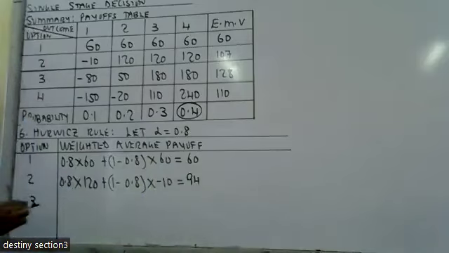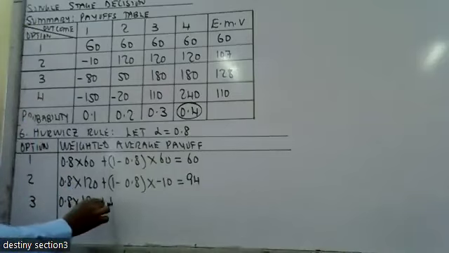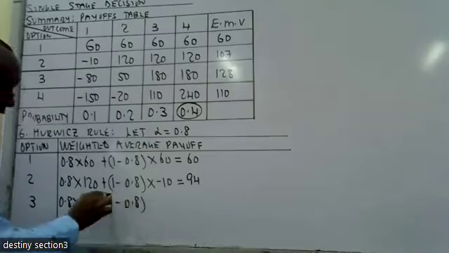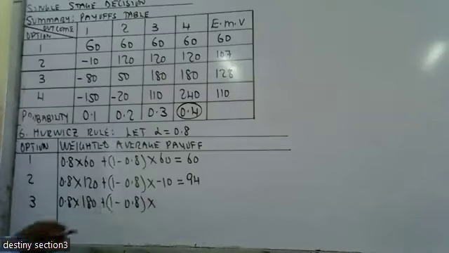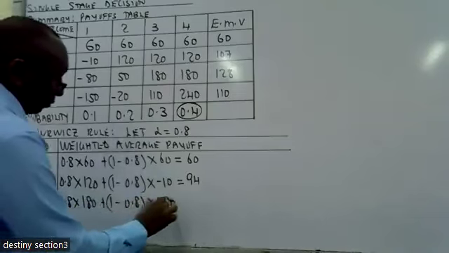Number 3 is 0.8 times the best. The best there is 180 plus 1 minus 0.8 times the worst. The worst there is minus 80.